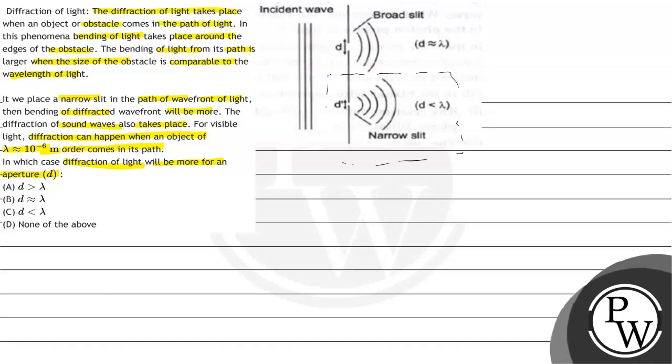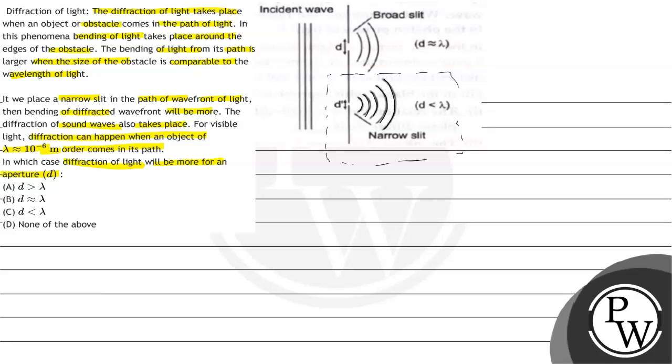In this slit, when the primary wavefront or incident wavefront comes and collides with the edges of the slit, these edges themselves act as secondary sources of wavefront, and thus the propagation takes place. Now these are secondary wavefronts which are going away from the slit, which I am highlighting now.